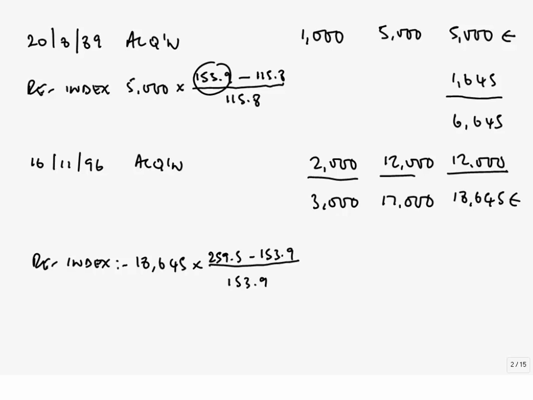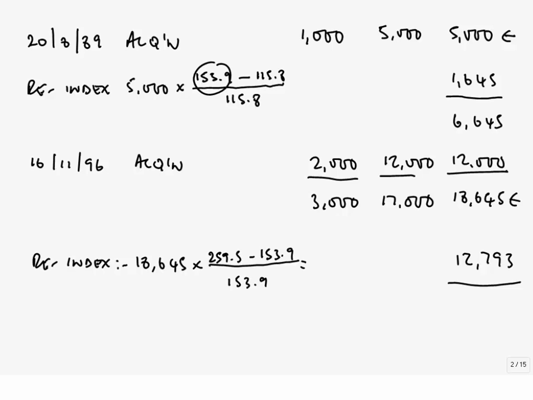Then apply that number to the index cost column of 18,645. Put that through your calculator, and hopefully, if we both used our calculators correctly, that comes to £12,793.